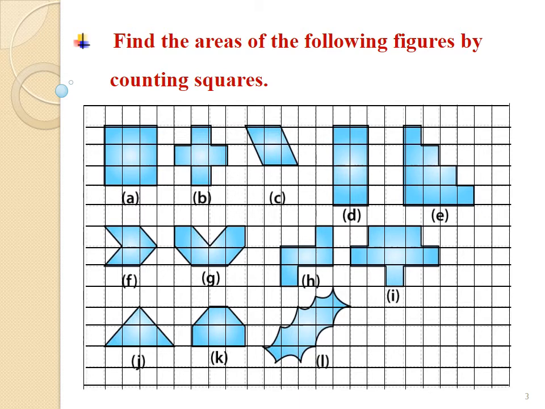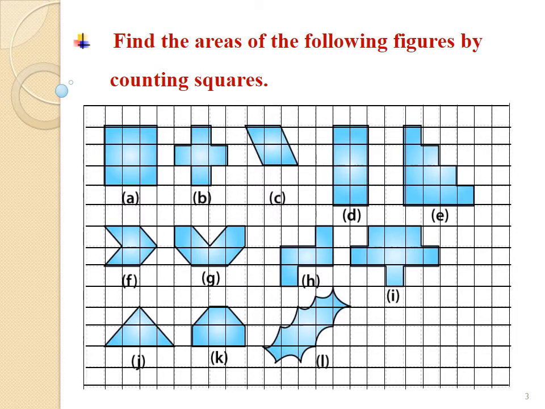Point number 2: ignore the portions of the area that are less than half a square. That is, if less than half of a square is in the region, count it as 0 square.